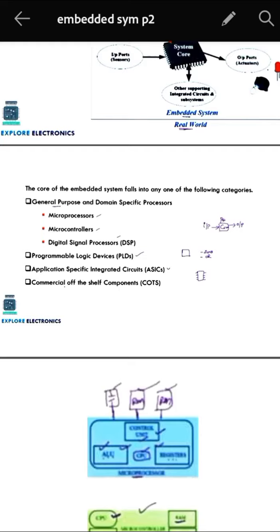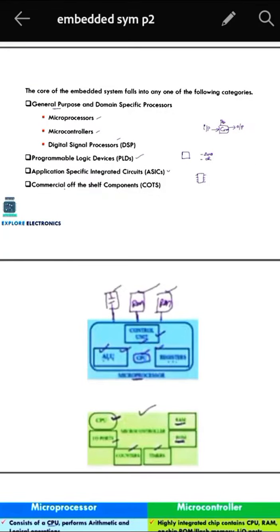RAM and ROM are extra in the microcontroller but are not present in the microprocessor, where we have to use external connections. By using the bus, we have to connect the RAM and ROM, and some crystals also have to be connected to the microprocessor.